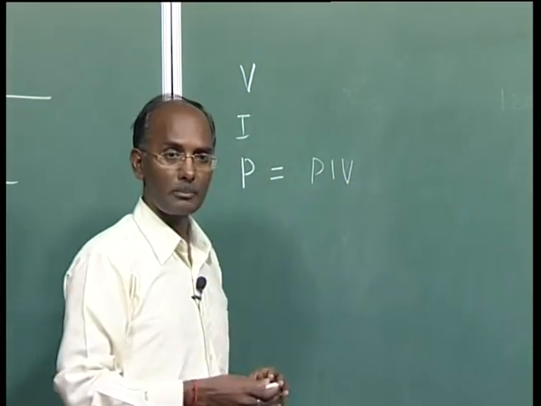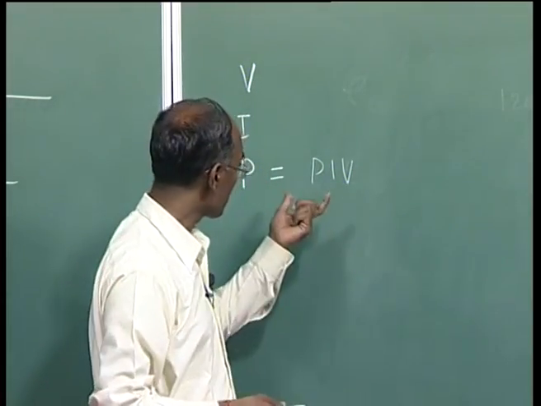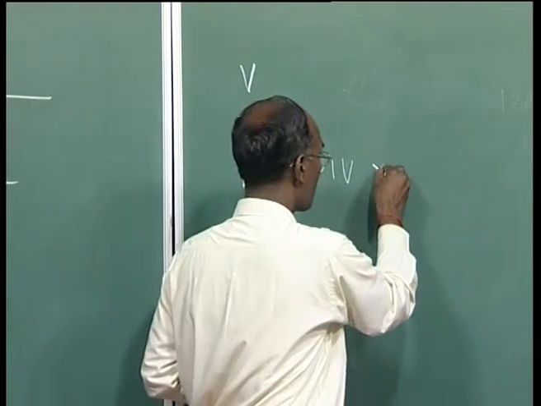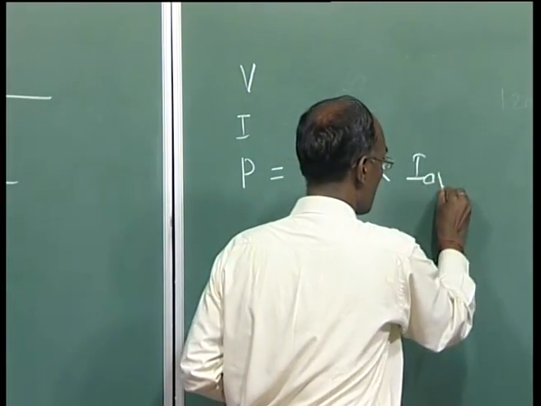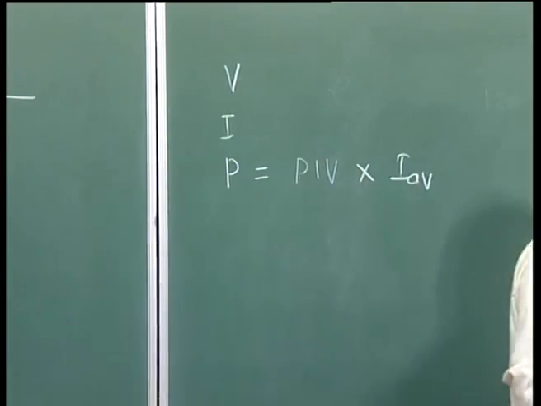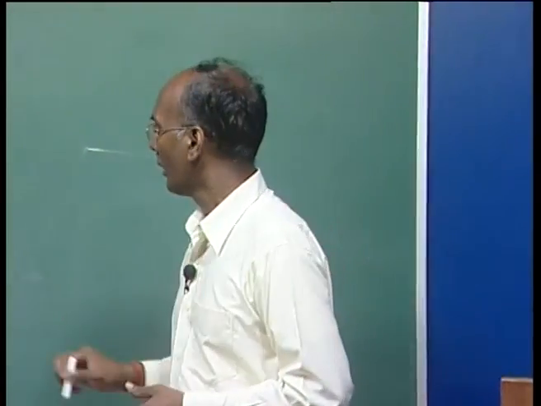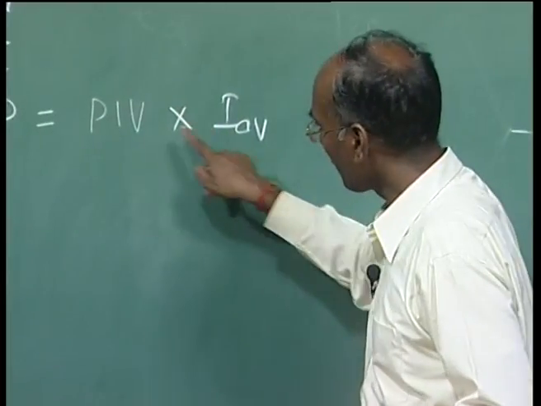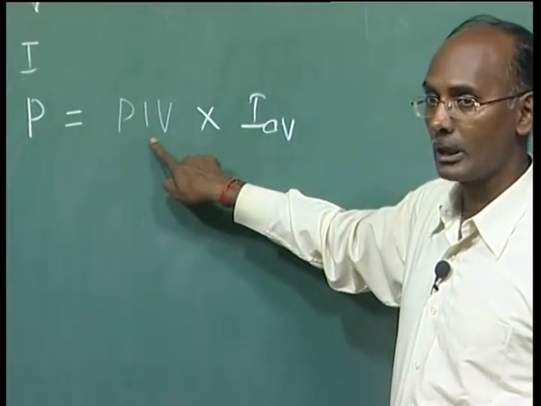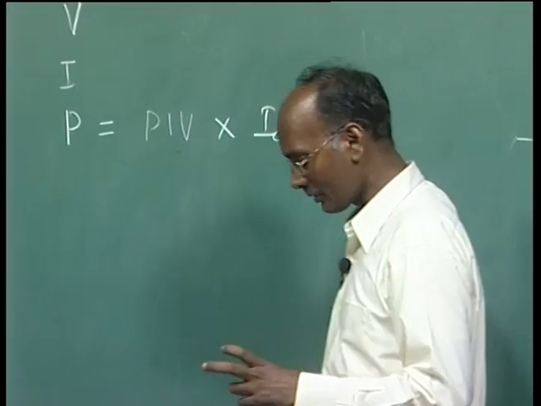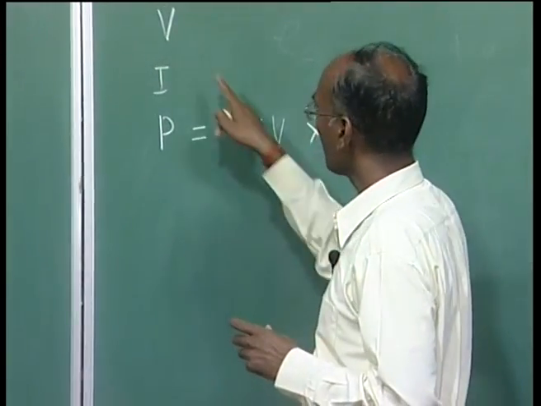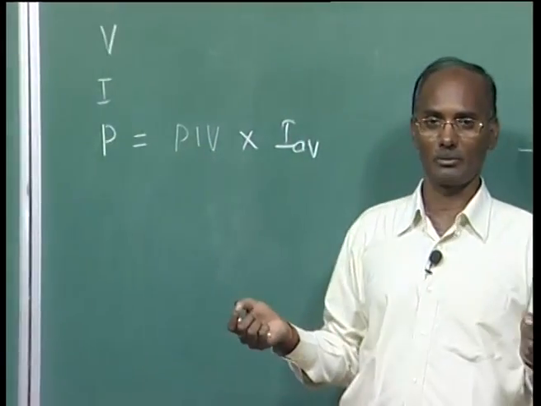We will discuss the peak inverse voltage across this valve. The power rating is that peak inverse voltage multiplied by the average current, not IDC. The peak inverse voltage means the negative side, the maximum voltage appearing; the forward voltage is always 0 once it is conducting.